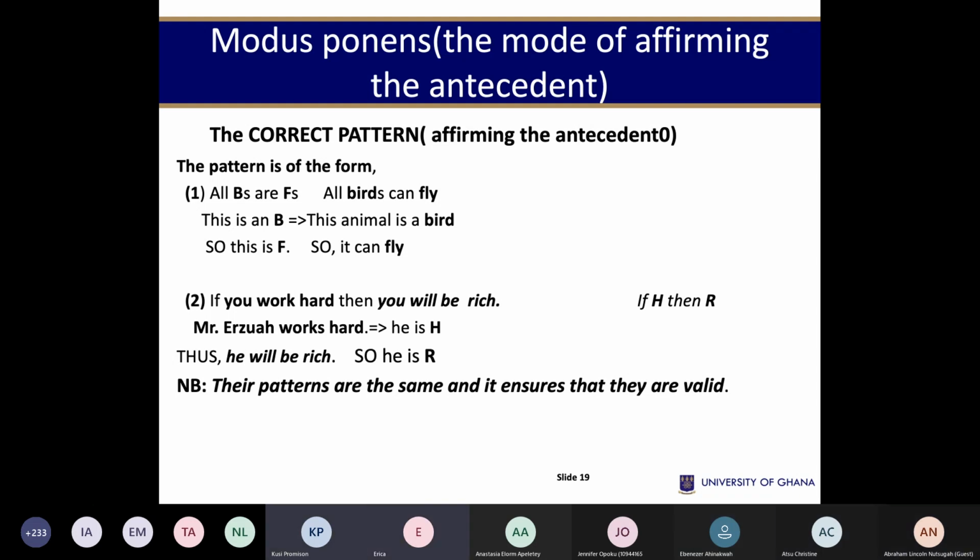You made an example that if you pay your school fees, then you will write the exams. And you said the if part is the antecedent, and you write the exams is the consequent. So paying your school fees is the antecedent.